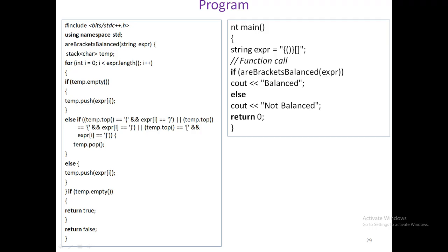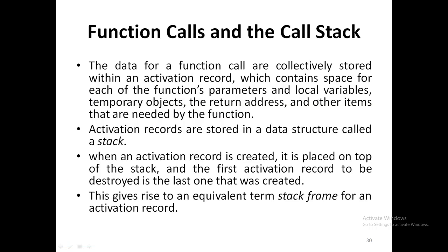If it matches, we just need to pop the element from the stack, otherwise we just need to push. Then if all the elements are pushed and popped, in the sense the stack is empty, the parentheses are balanced, so we return true. Otherwise, if it is not empty, some other parentheses are present inside the stack, so we don't have the closing parenthesis for them. That's why we return false.